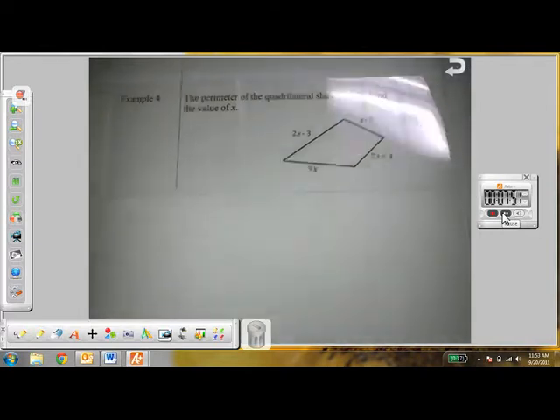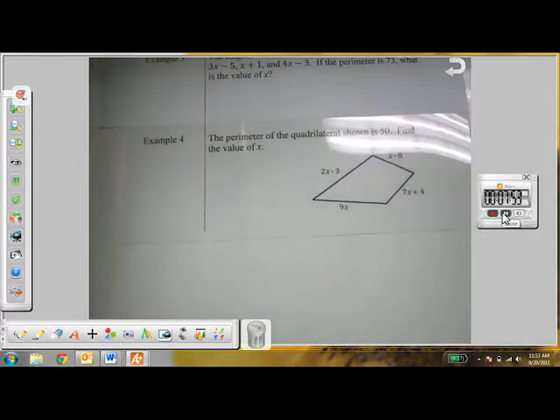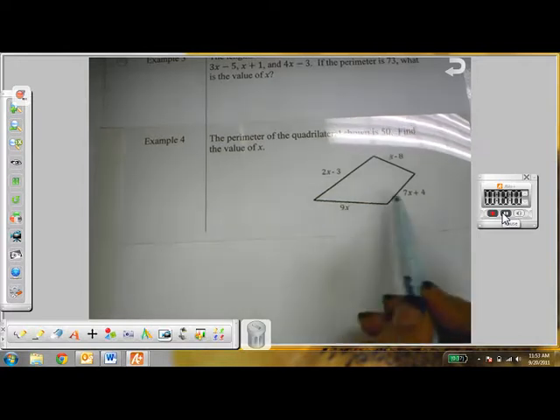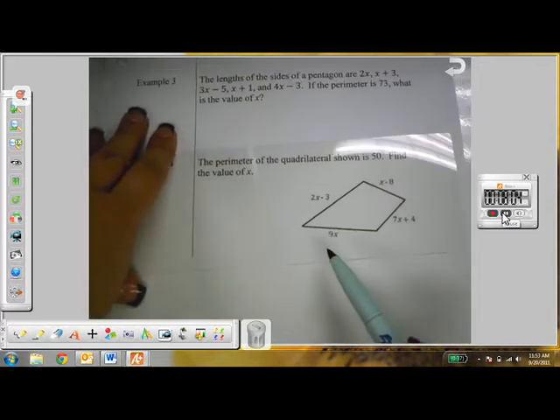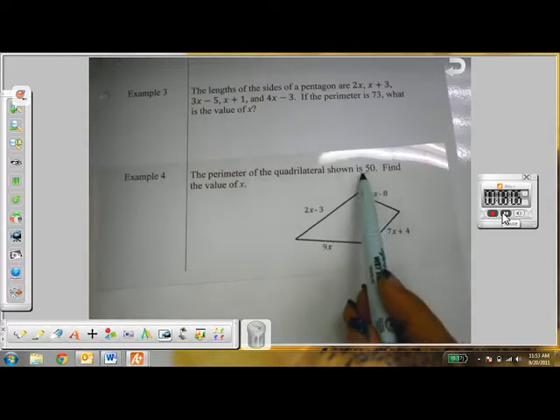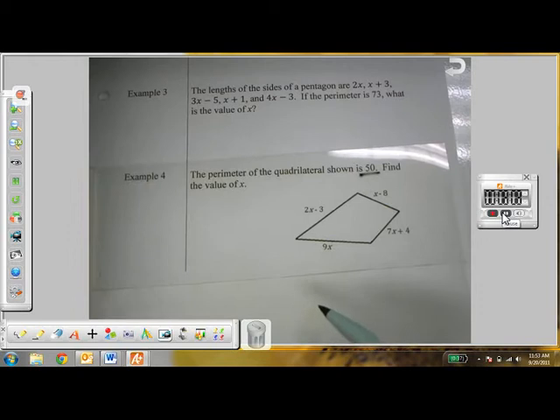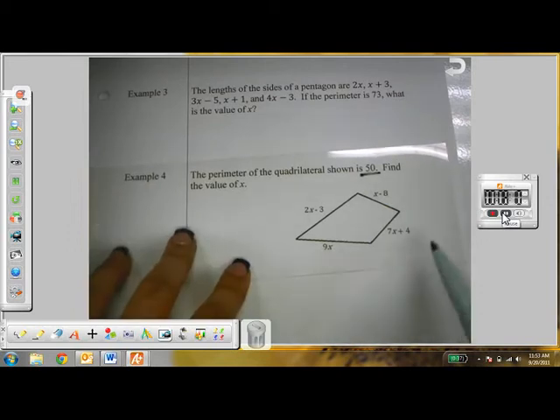On our homework, there's something like example 4. You don't need to write this down, just look really quickly. They give me a quadrilateral and the length of all these different sides. And the perimeter, they say, is 50. How do I find perimeter?